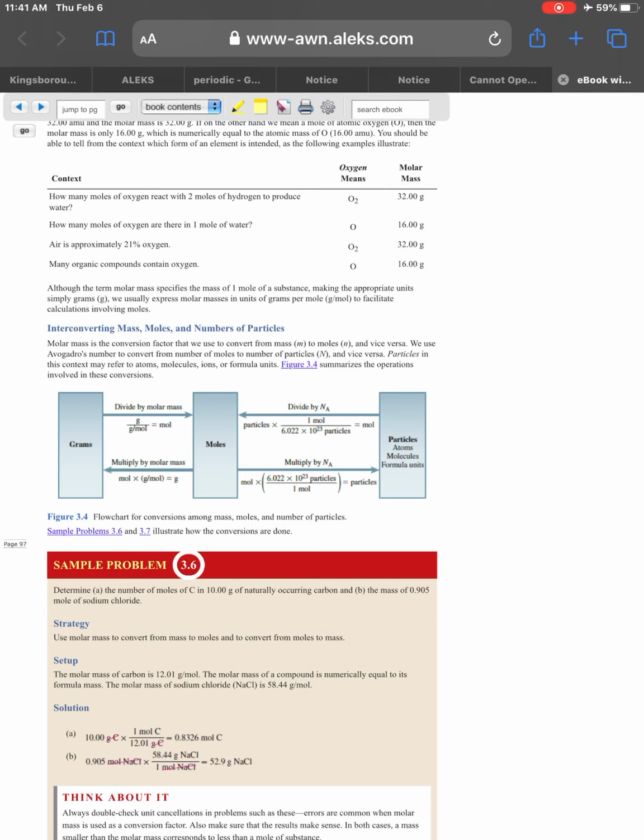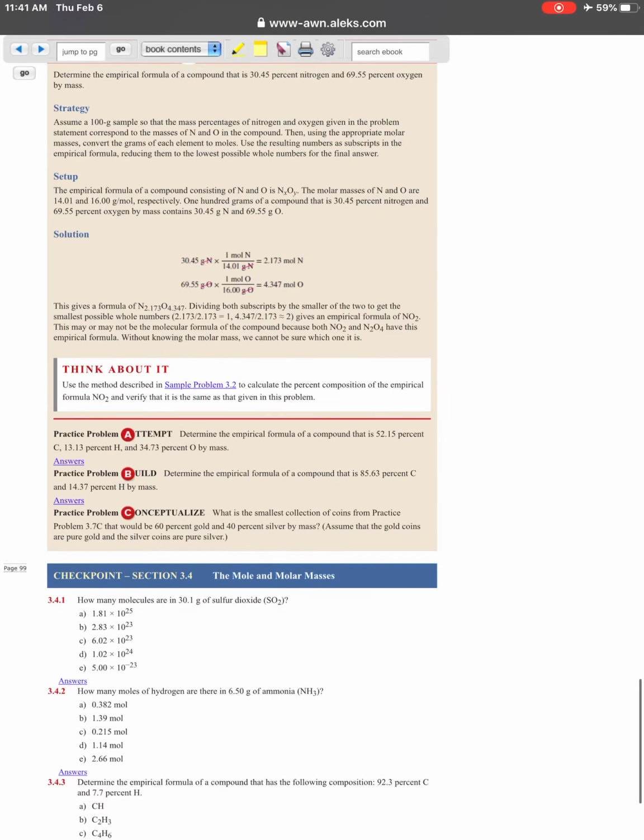Come back to here. If you have the number of grams on the left and you want to find the number of moles, you divide by the molar mass. That's what they're doing here. You take that percentage, assume it's grams, divide by the molar mass of nitrogen, that gives you the moles of nitrogen. You take the mass of oxygen, you divide by 16.00 grams per mole, that gives you the moles of oxygen. The key step is find the moles of each.